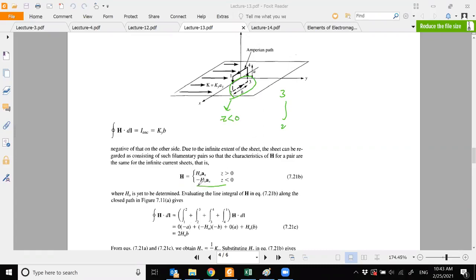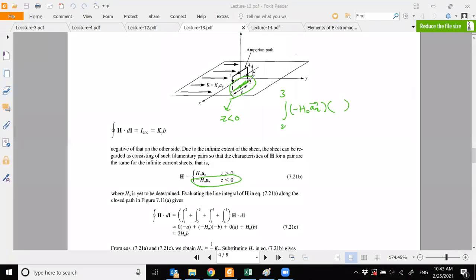Therefore, my H bar is minus H0 AX bar dot dl. So what is my dl for this loop? I'm going from left to right and doing the line integration.